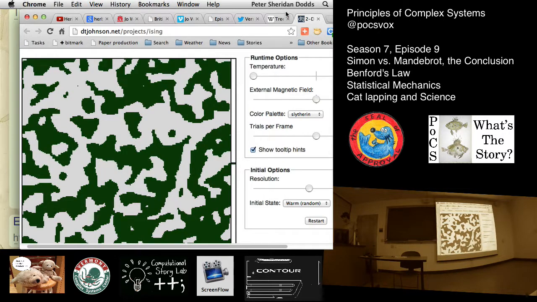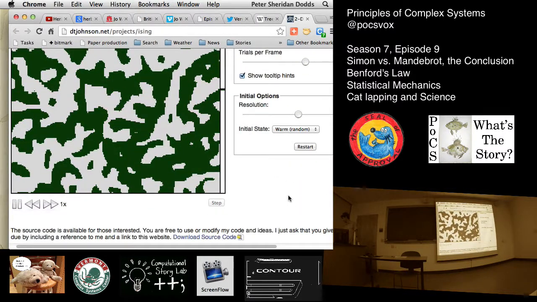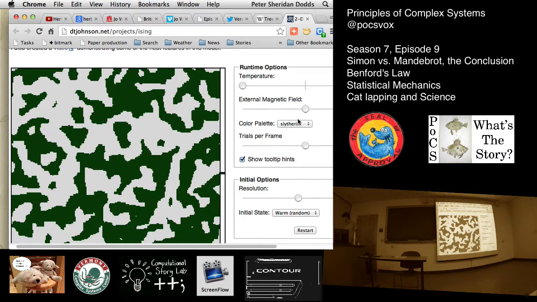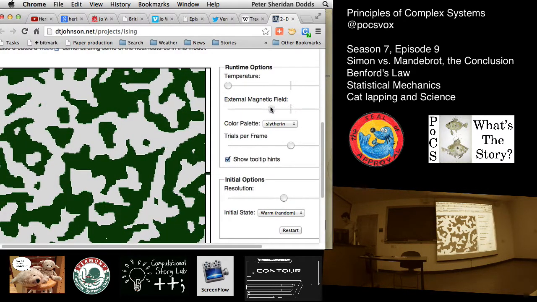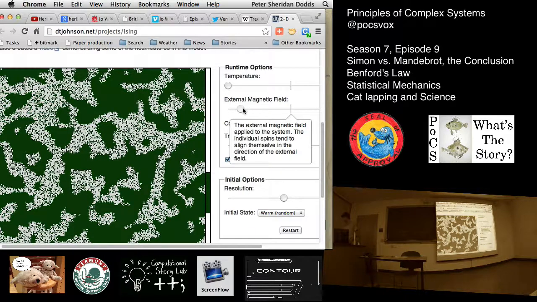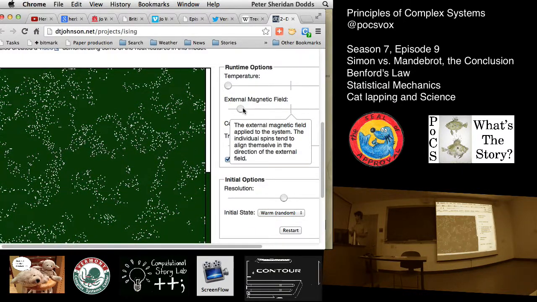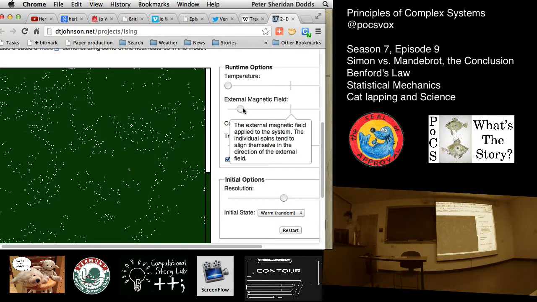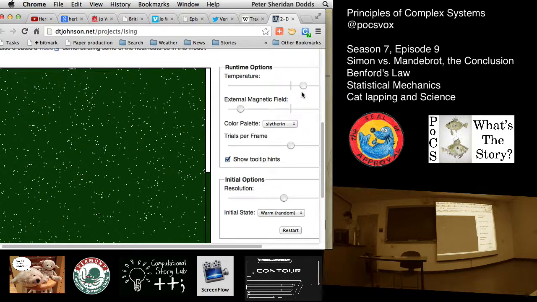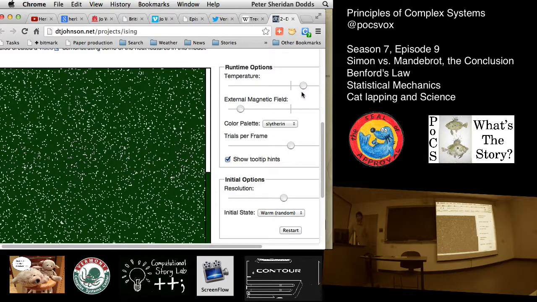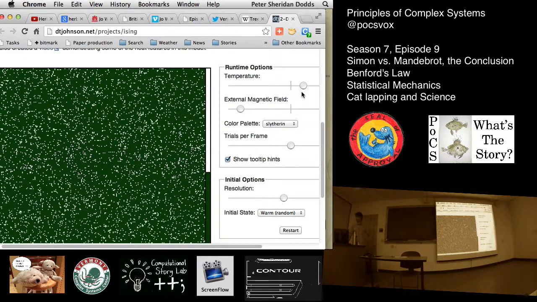Right. And so then there's an external magnetic field, which you put on top, and you can bias things, right? So this is going to drive them in whichever way they're pointing. So that's just going to wipe it all out. Right? But if you get above the critical temperature, it's all going to fluctuate again, even though there's an external field.